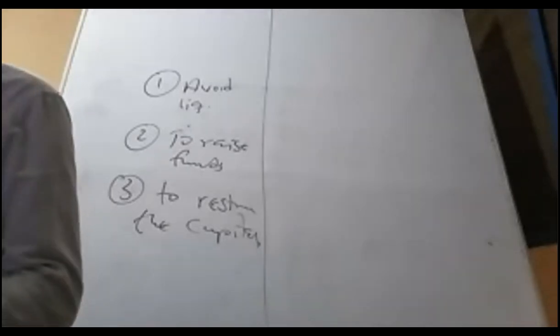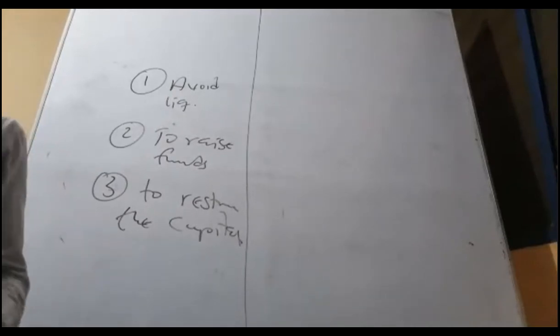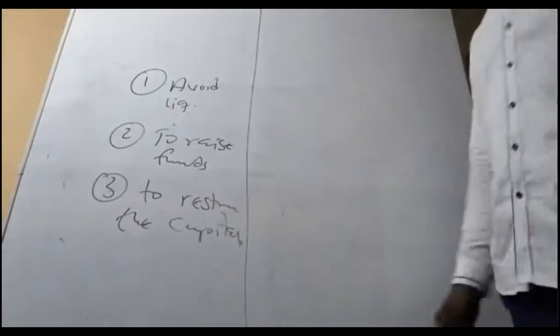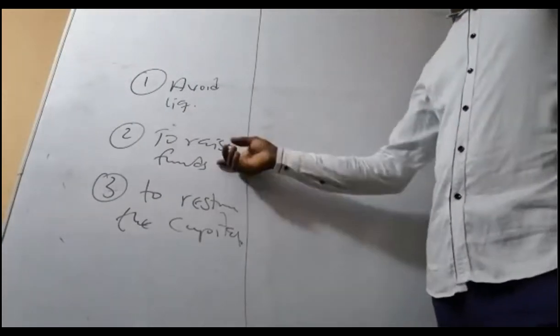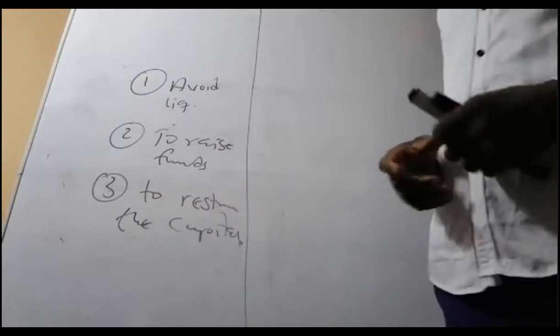Okay. Good. So basically, we need a capital reduction scheme to avoid what? Liquidation. To raise some funds, we need a scheme to also restructure the capital base.